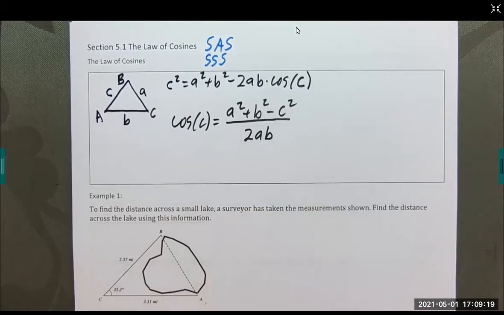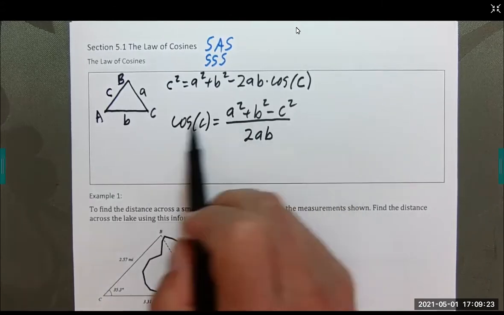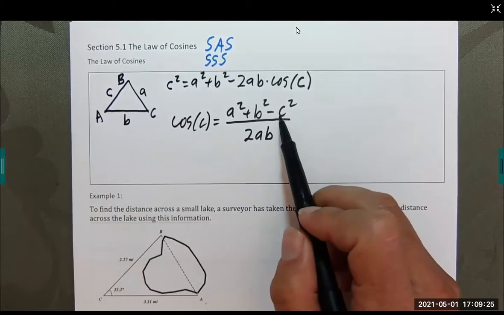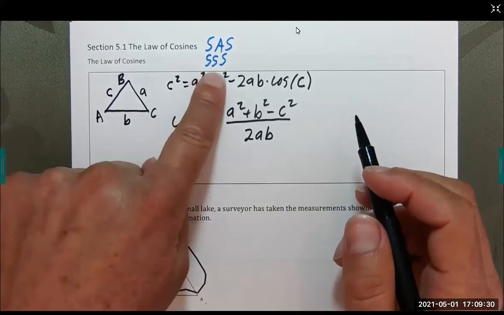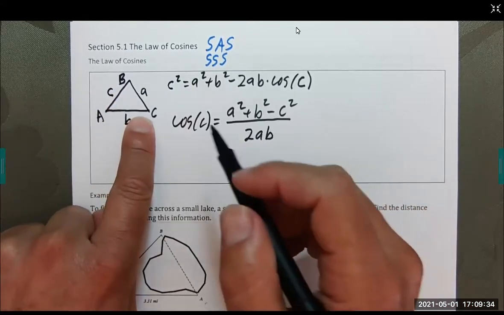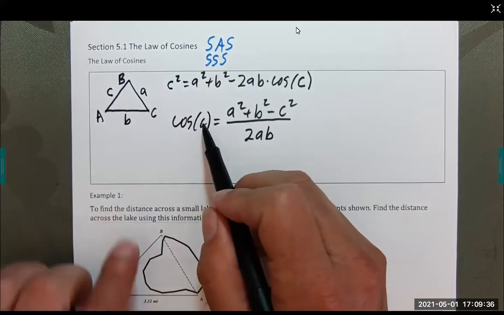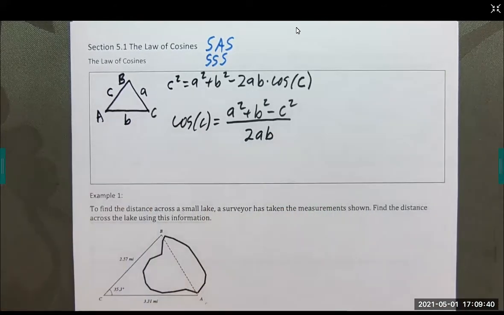Now, a couple of things I want to point out. The two positive parts on this are always the sides that make up the missing angle. So if we have all three sides, side, side, side, and we want to find an angle, whatever the missing angle is that we're trying to get, the side opposite it is the one we're subtracting in the formula. That's a way to remember that.